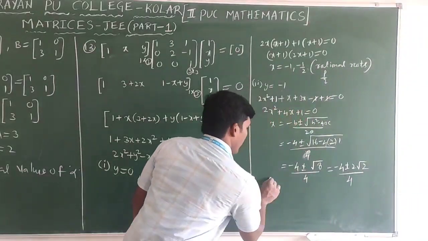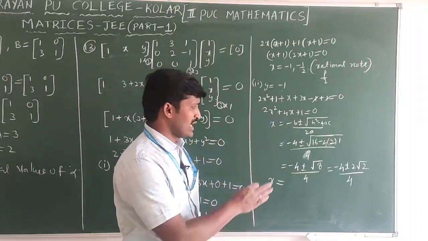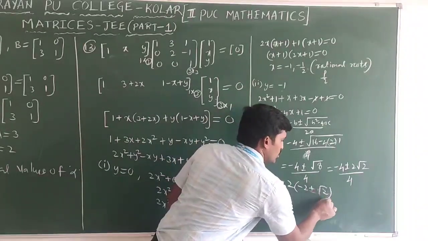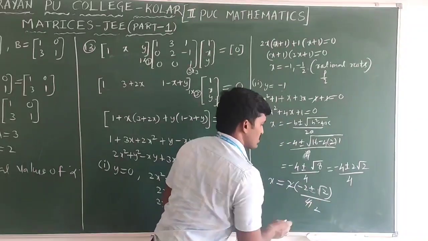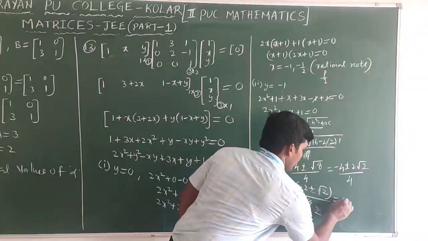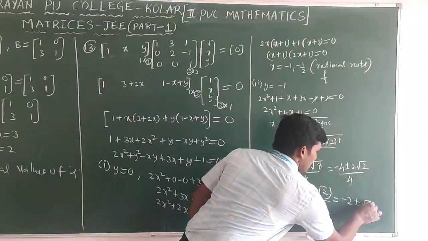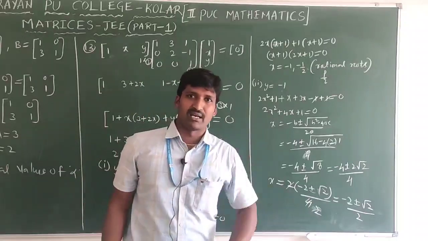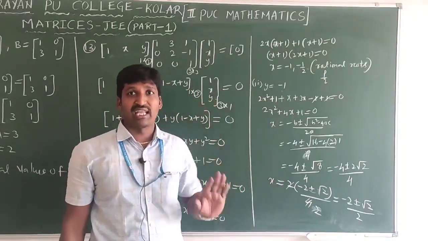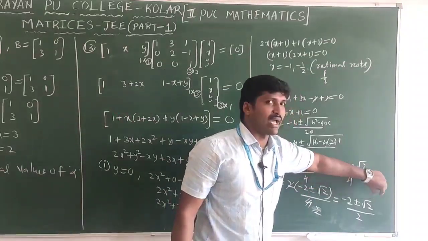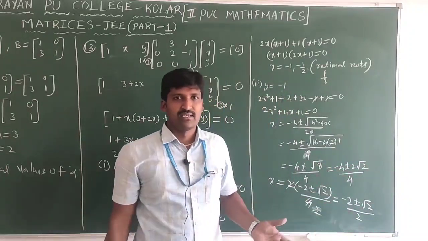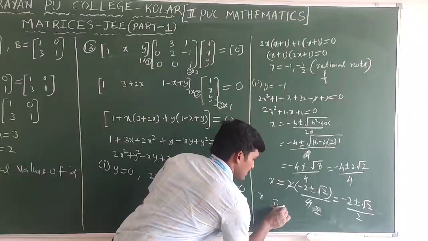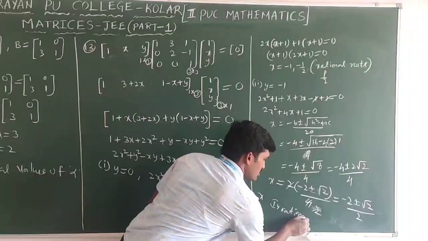Now in this, finally the x value, if you take 2 common, minus 2 plus or minus root 2 by 2. This is clearly which number? Irrational number. Rational numbers are in the form of p by q only, but numbers having square root or cube root values like that are called irrational. So x is an irrational root.